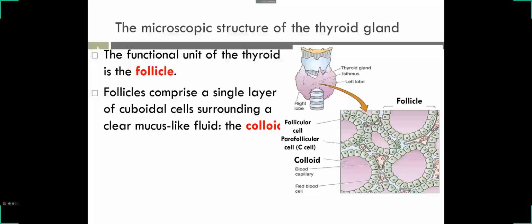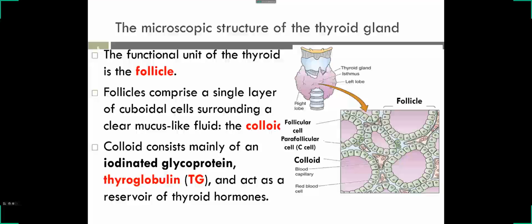And then inside, you've got mainly this glycoprotein called thyroglobulin. We'll explain how thyroglobulin works, but it acts basically as a sink or as a reservoir for thyroid hormones.